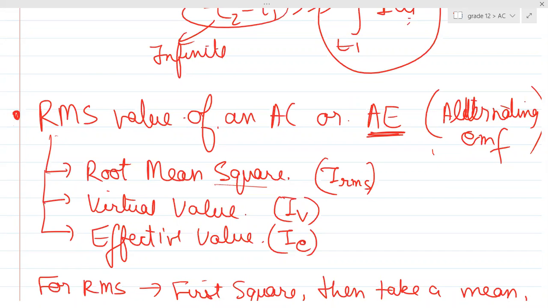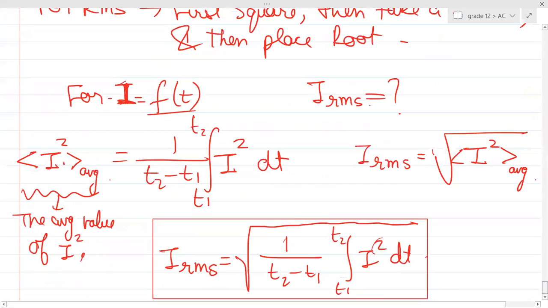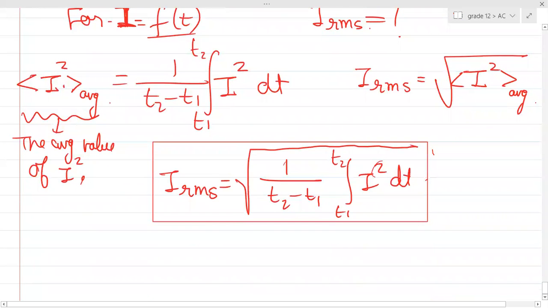By the way, if possible, try to integrate this on a rough piece of paper with the help of this formula. I told you the method, no? First you will square it, then take the average, and then take the under root. Try it once.